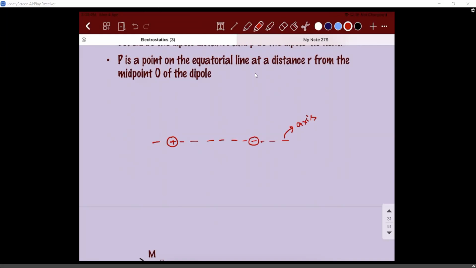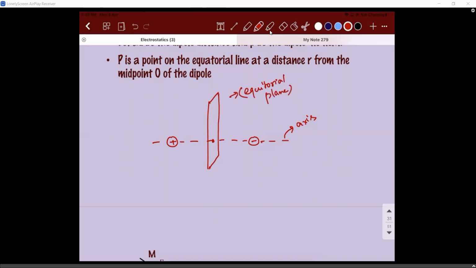There's an axis. Video is not working. Okay. So this is called an axis. If you are able to define a plane perpendicular to the axis and passing through the midpoint on the axis, you call this plane the equatorial plane.